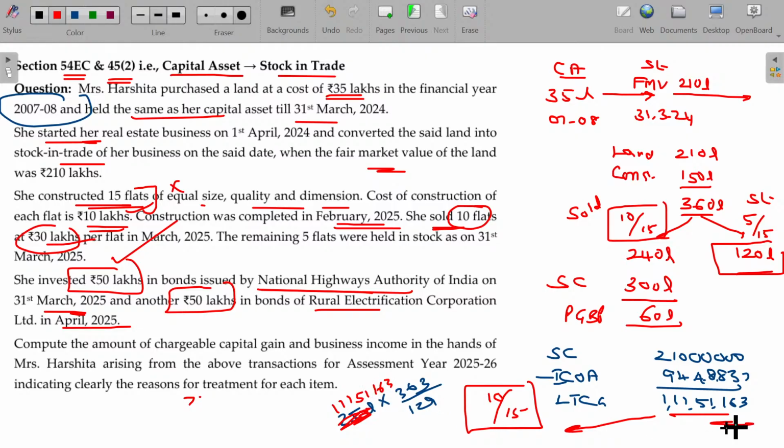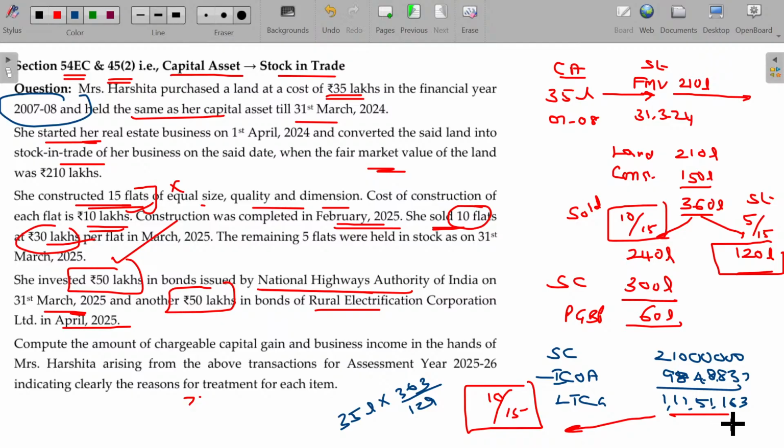Sorry, this one is the long-term capital gain, 1 crore 11 lakhs 51,163. Sir, the indexed cost of acquisition and the balance amount is 98 lakhs 48,837. Okay, this one is 98.